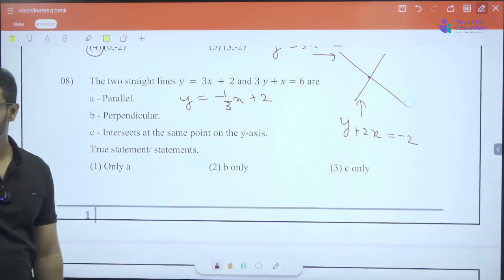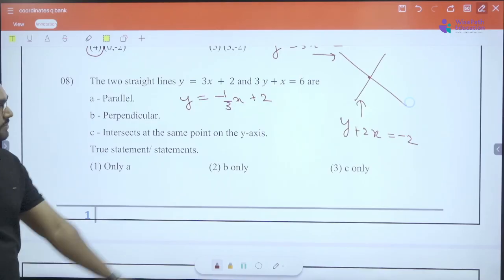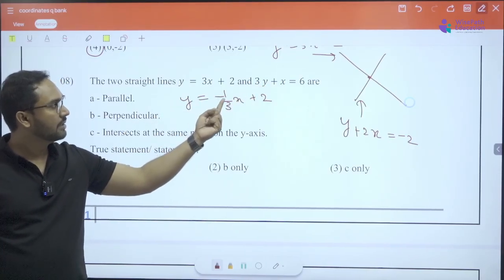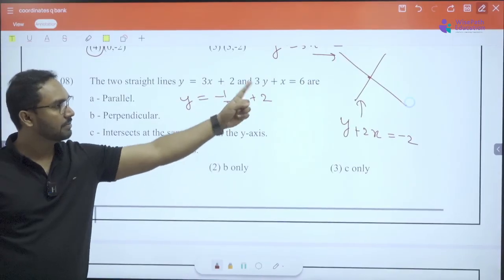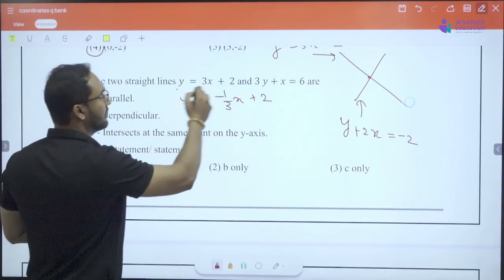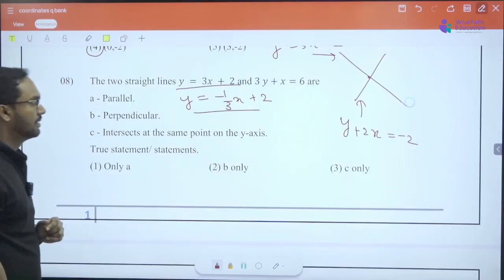If we isolate y, y equals minus 1 over 3 x plus 2. Now these are the two we need to compare, the ones in the standard format.